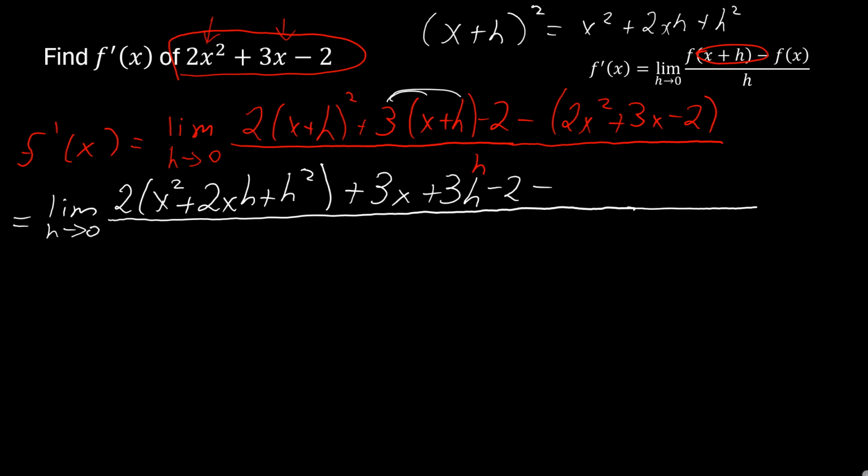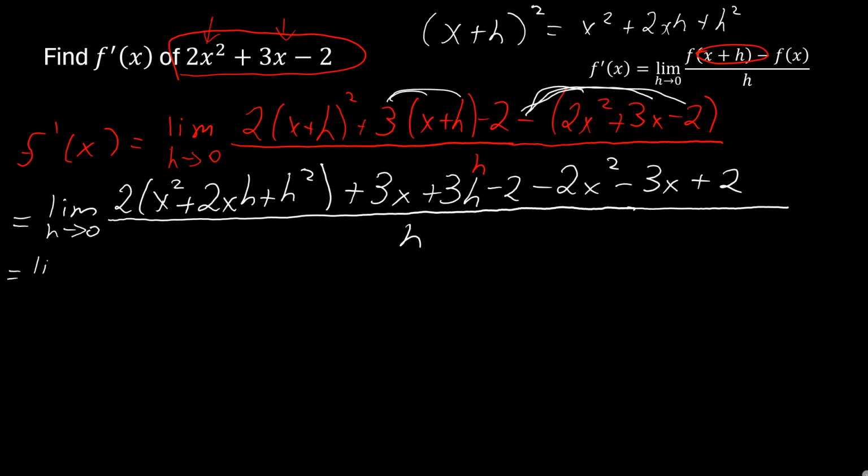And when we have this negative outside of a parentheses, we're distributing that to everything, so it'd be minus 2x squared minus 3x plus 2, all over h. So now we only have to clean up this parentheses over here with the 2.